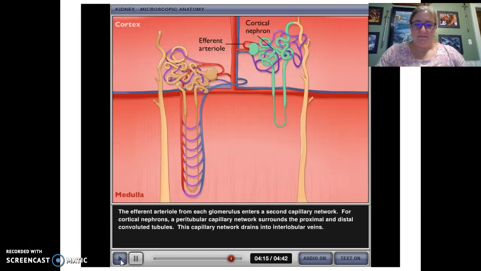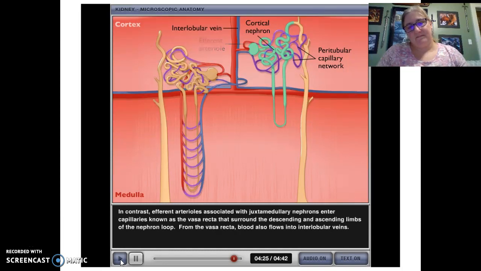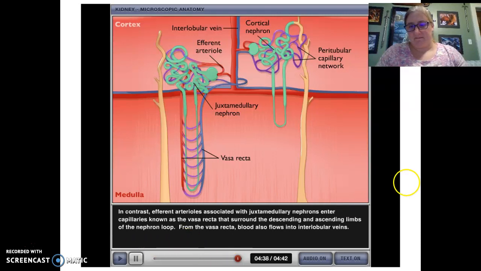From cortical nephrons, a peritubular capillary network surrounds the proximal and distal convoluted tubules. This capillary network drains into interlobular veins. In contrast, efferent arterioles from juxtamedullary nephrons form vasa recta that surround the descending and ascending limbs of the nephron loop. From the vasa recta, blood also flows into interlobular veins.